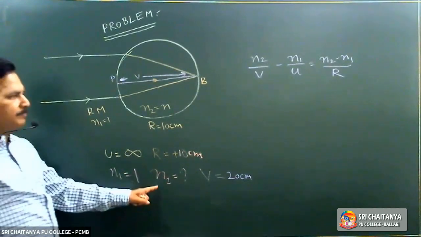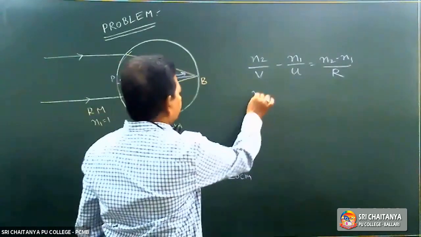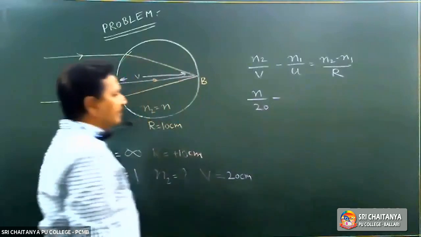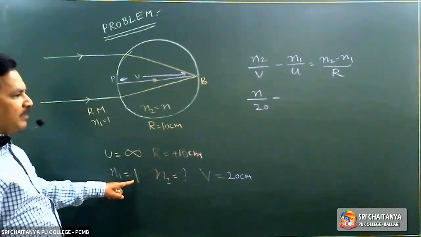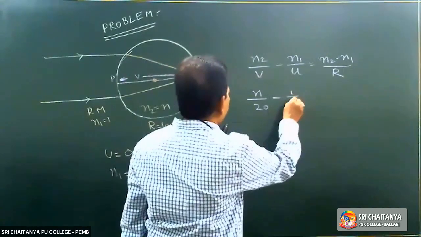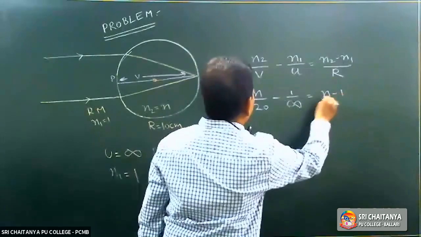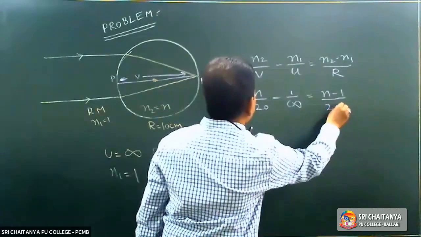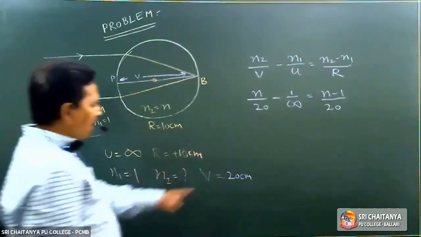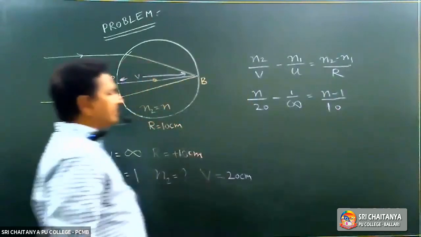Substitute the values. N2 value we don't know, that is N. V value 20, minus N1 value 1, U value infinity, 1 by infinity is equal to N minus 1 divided by R value 10 centimeters.